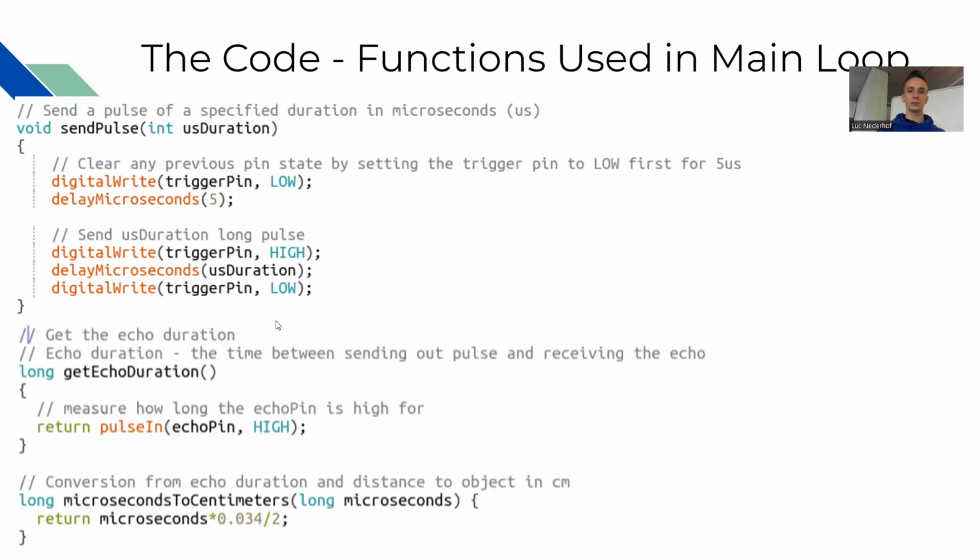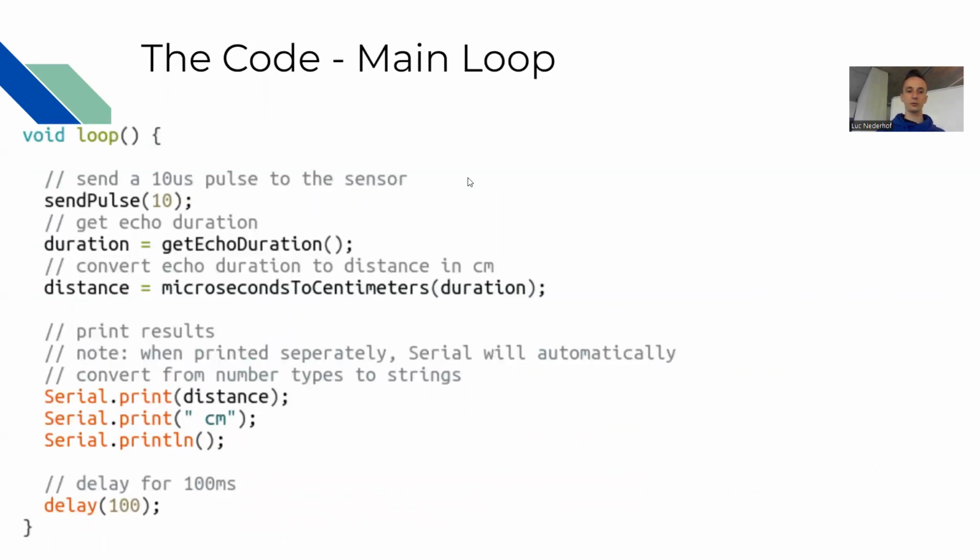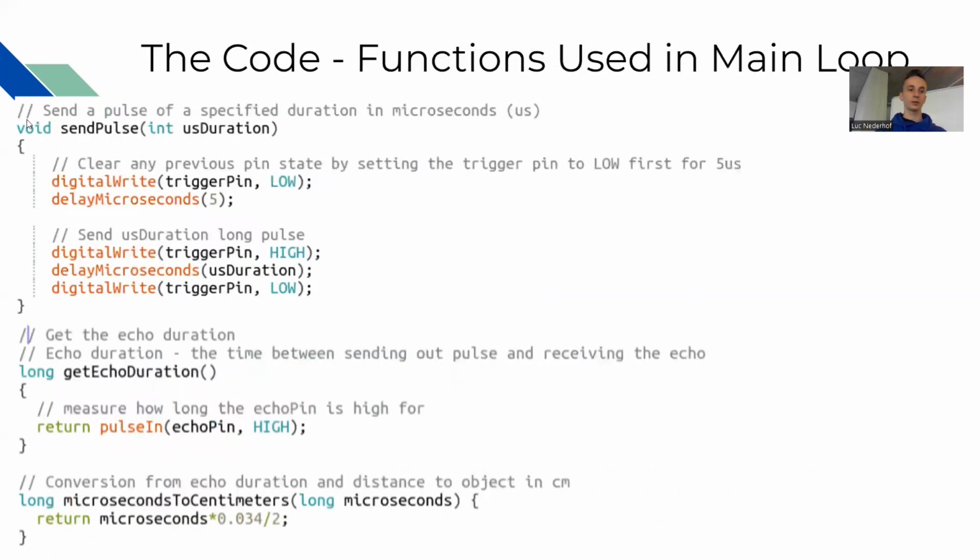So functions used in the main loop, right? We've done it separately. We send a pulse. To send a pulse, we write the trigger pin to low, because then we clear it. We make sure that it's low from the start, because otherwise we might get noise and it might already be on, and then we're trying to turn it on again while it's already on, and we might create issues.